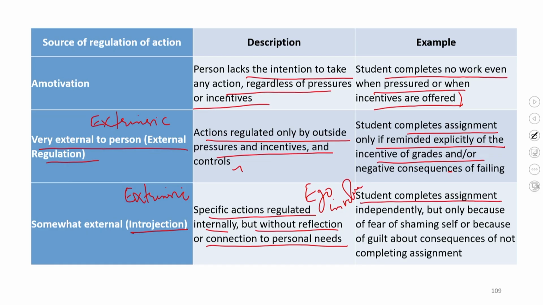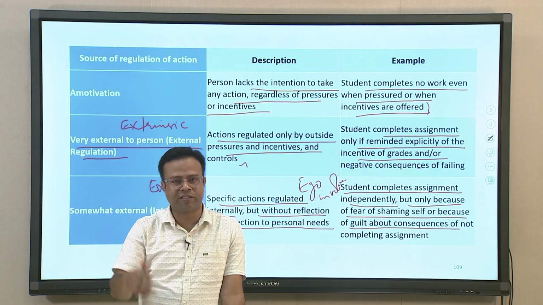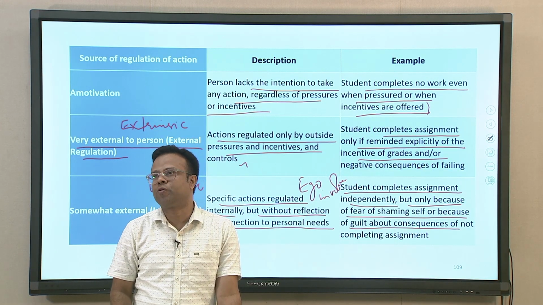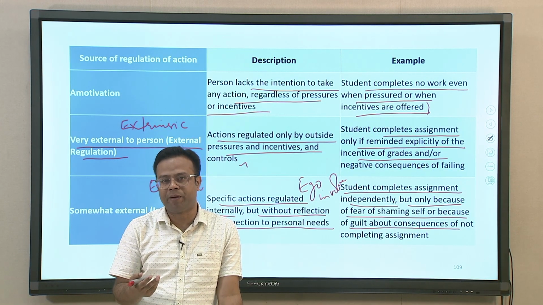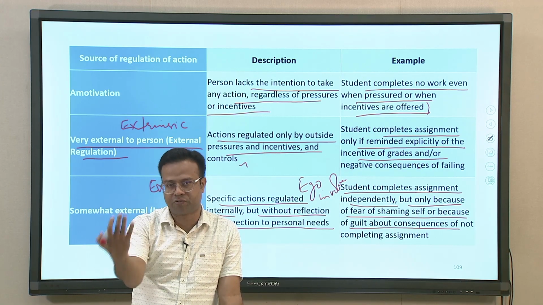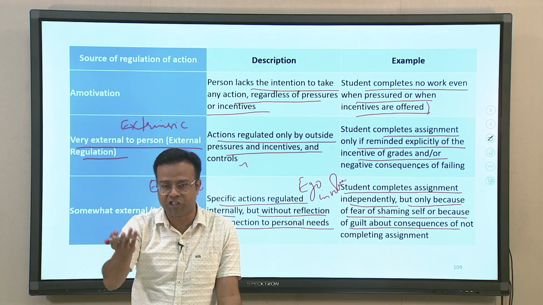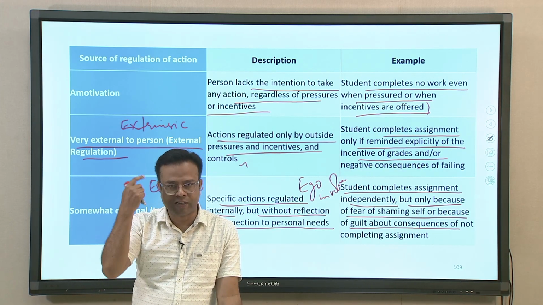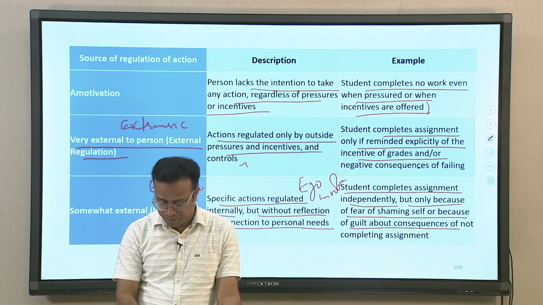Here the student completes the assignment independently, but only because of fear of shaming self or guilt about consequences. So, the student does it not because he is motivated, but because he feels if I do not do it, I may feel shame in front of other students or the teacher. So, there is a sense of ego involvement here.